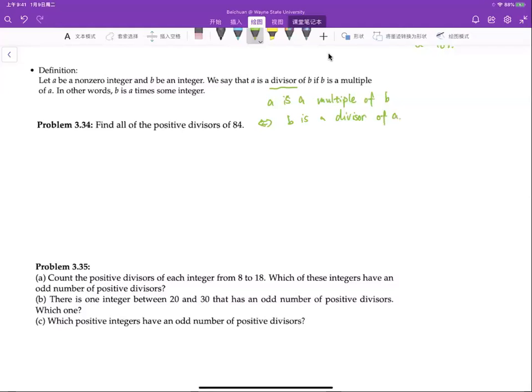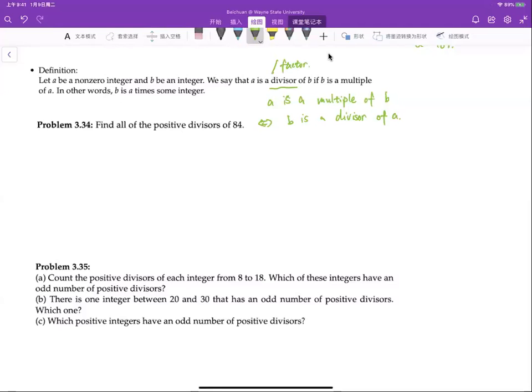Here, definitely you have to assume that A is a non-zero integer, right? So basically, zero cannot be a divisor. Right, so find all positive divisors of 84. I think sometimes they are also called factors.